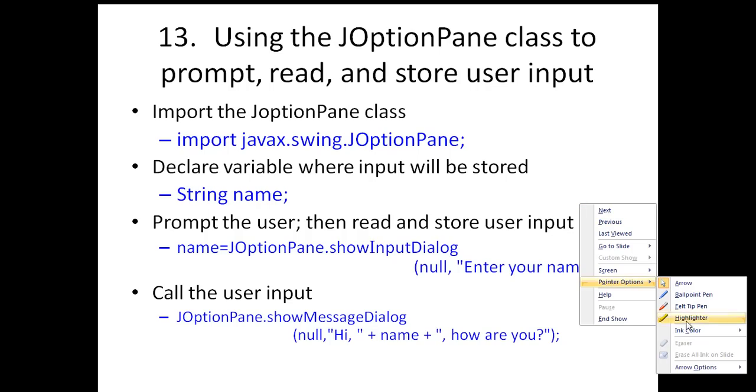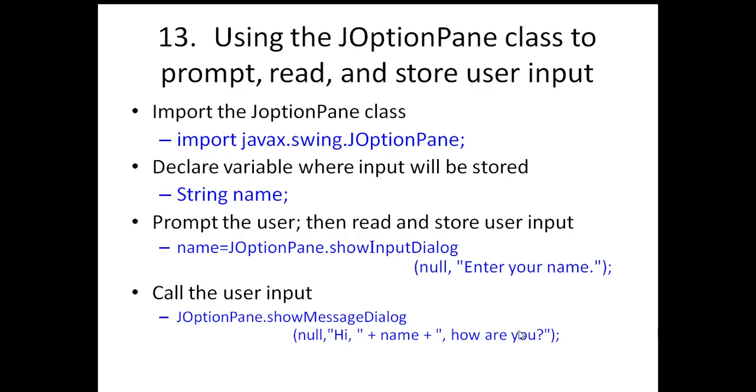In this case, right here, we're going to call name and ask what its value is. And the value is going to be what the user entered as his name. Alright, so that's basically how it goes.